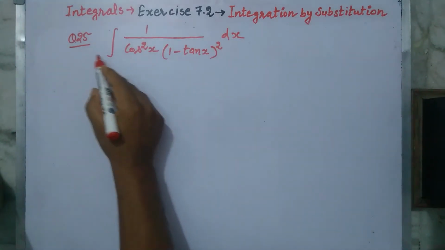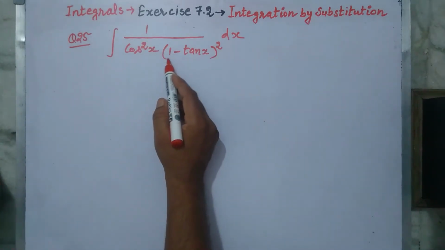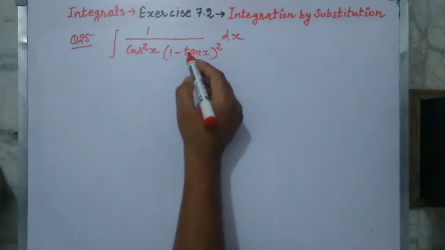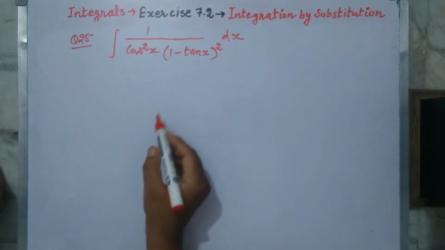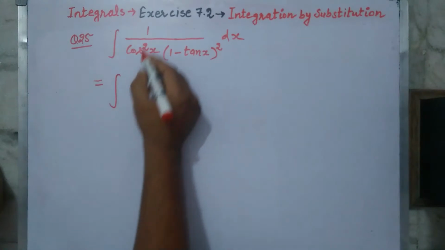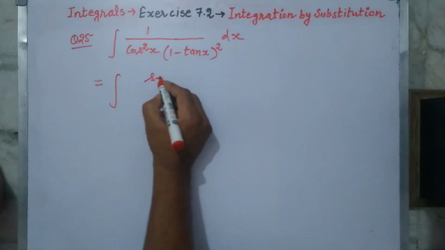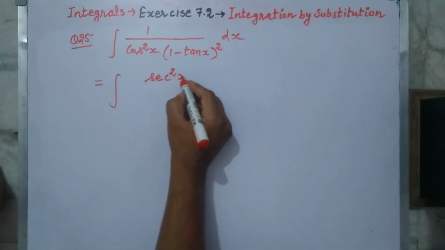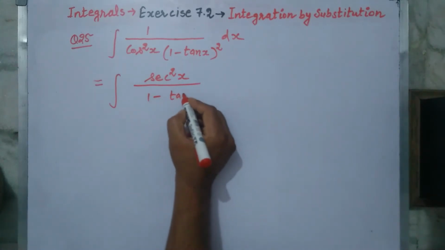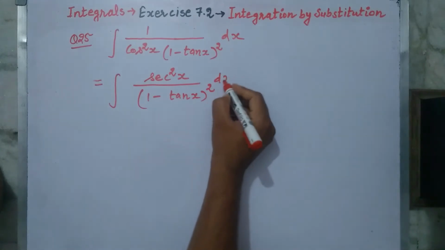Question number 25: 1 upon cos square x into (1 minus tan x) whole square. First of all we have to think of which term should be substituted here. According to me, 1 upon cos square x in the numerator becomes secant square of x, divided by (1 minus tangent of x) whole square, into dx.